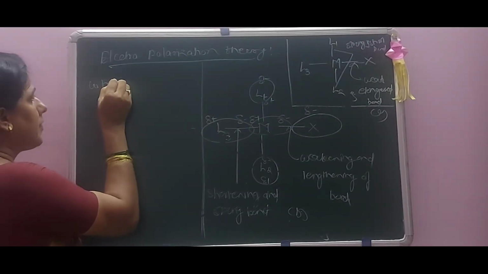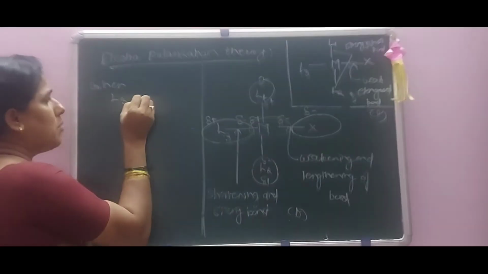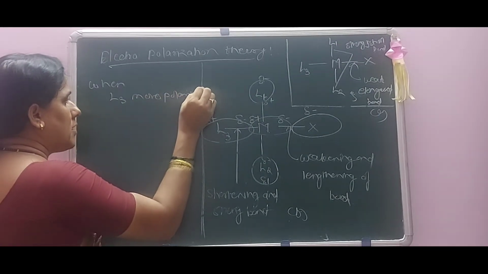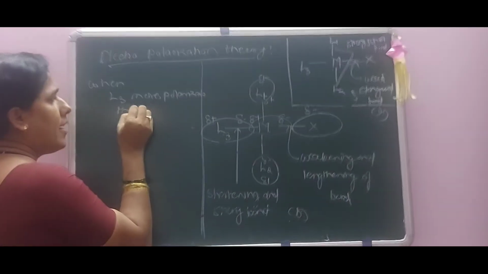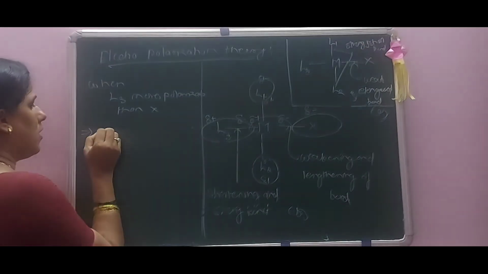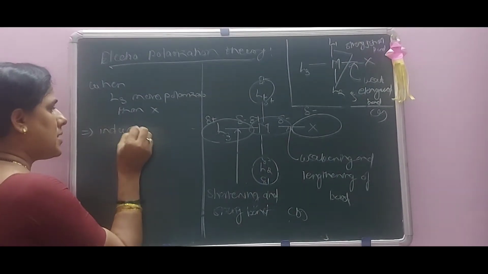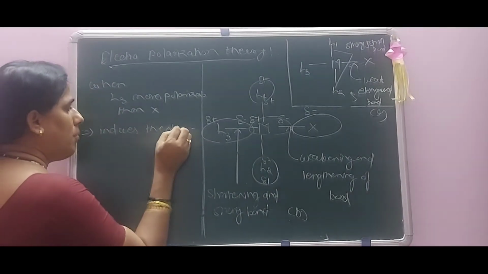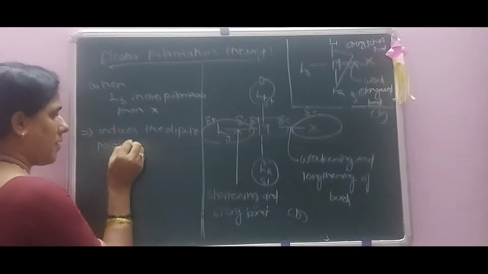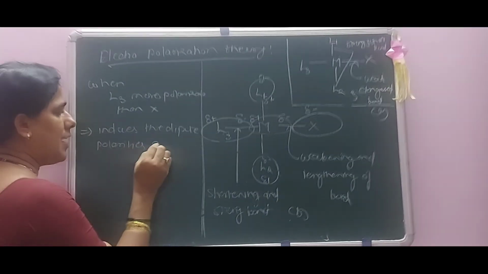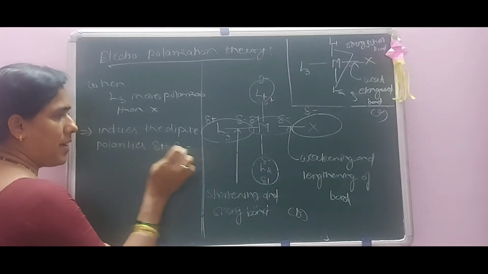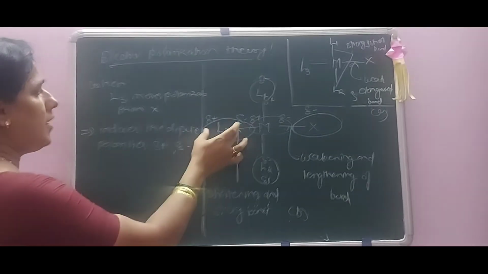When L3 is more polarizable than X, at that time what happens? It induces a dipole, with polarities delta positive and delta negative within itself.